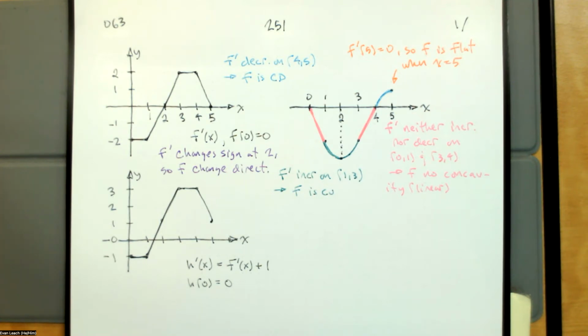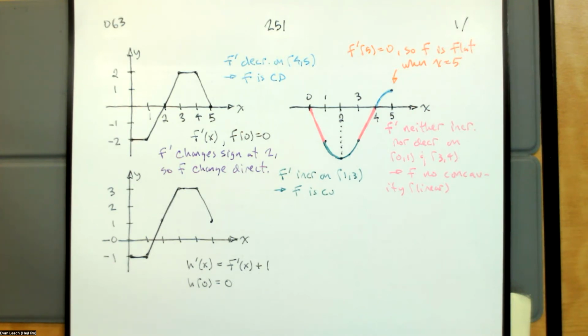One of the things we had observed previously is that if two functions were only different by a constant, then they have the same derivative. So f of x plus 5 has the same derivative as f of x plus 0.